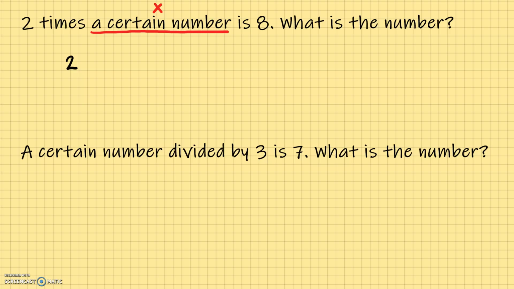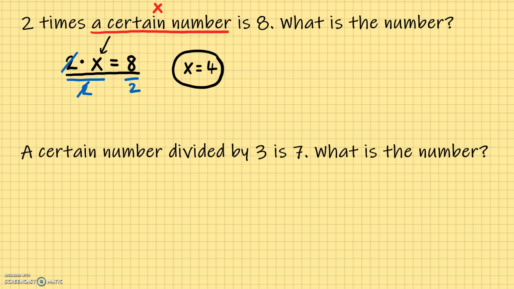We just do 2 times, let's use a dot for multiplication, because we're using x for the variable. 2 times x is equal to 8. So this is our equation. To solve, you just divide both sides by 2. The 2 will cancel. So x is going to equal 8 divided by 2, which is 4.